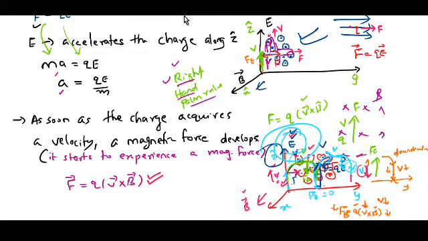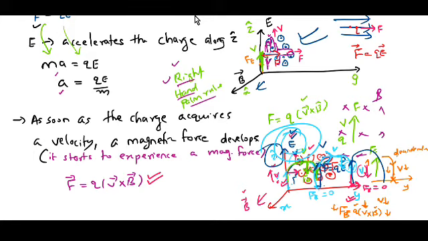And when the charged particle reaches the y-axis, the magnetic force Fb will be 0. And when the charged particle touches the y-axis, again the electric force starts to act on the charged particle, that accelerates the charged particle in this positive direction, and the cycle repeats.